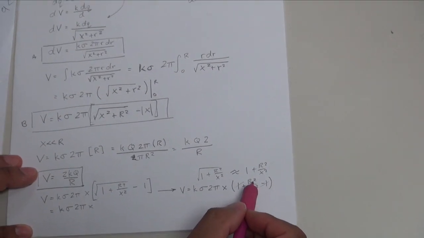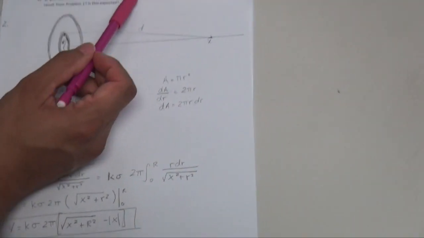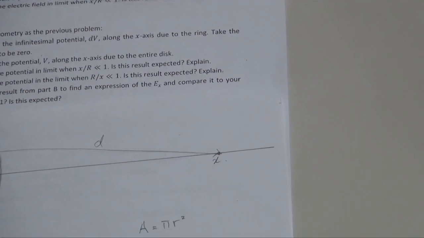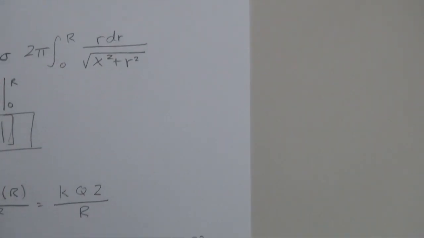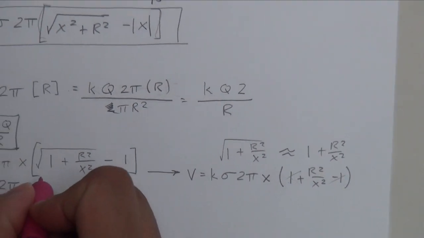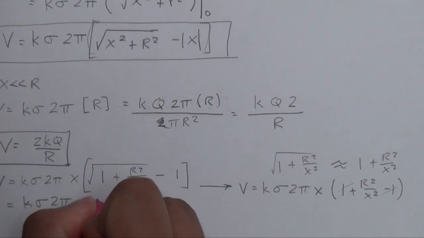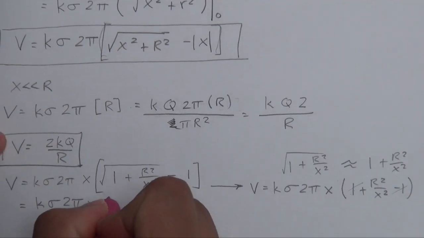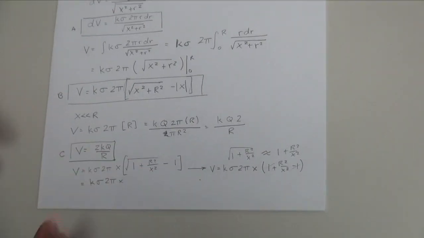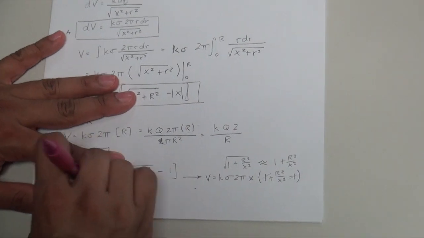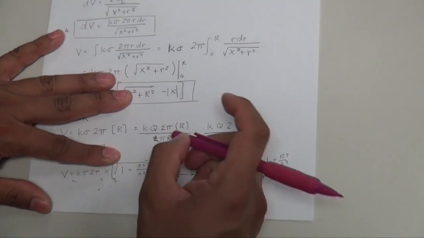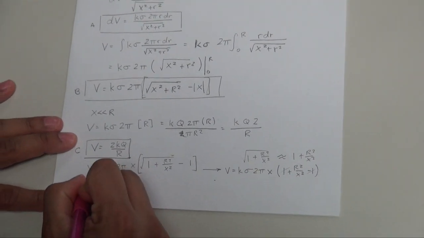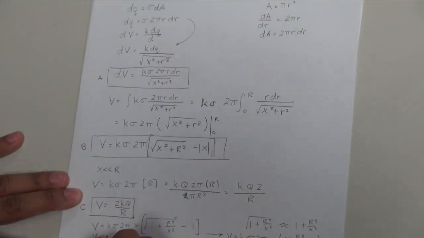And since the ratio r over x is much less than 1, we can take it as if r. Okay, so hold on. I want to make this a little bit more clear. Okay, so we have this so far. Let me rewrite the whole thing that way it's very clear.